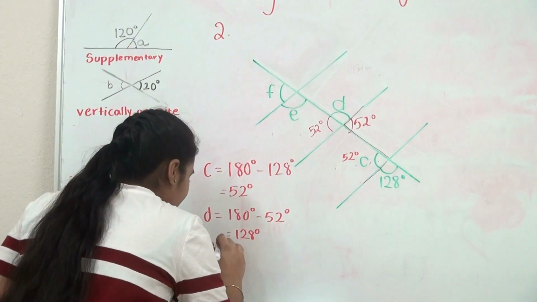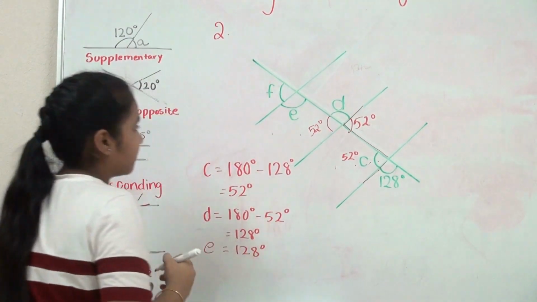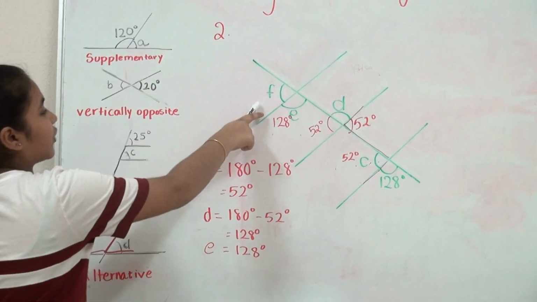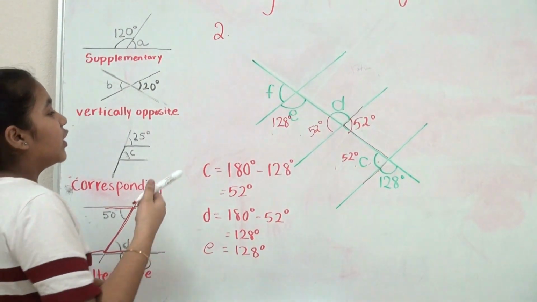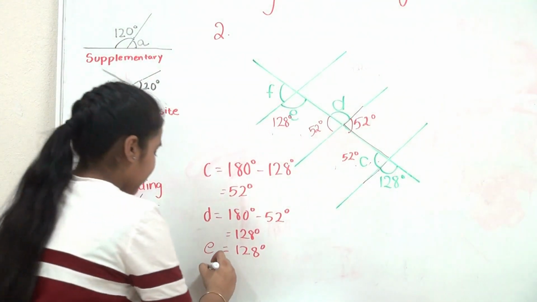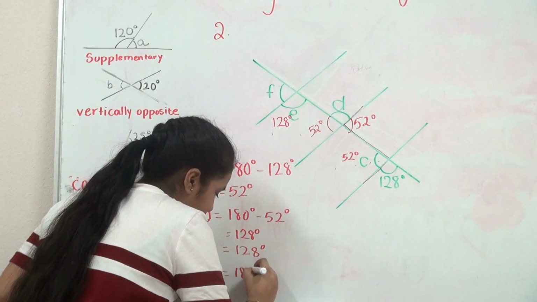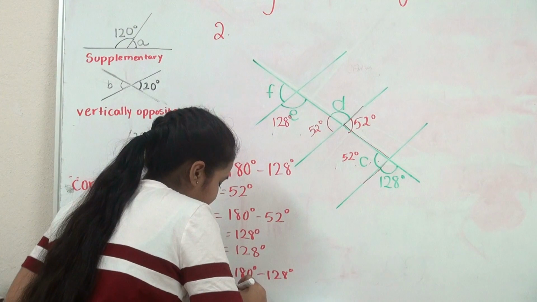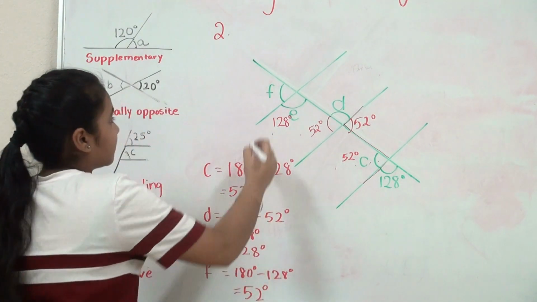So E is equal to 128 degrees. Now to find F, we can do the same. Supplementary angles. We can subtract 128 from 180. So F is equal to 180 degrees minus 128 degrees, where we get 52 degrees.